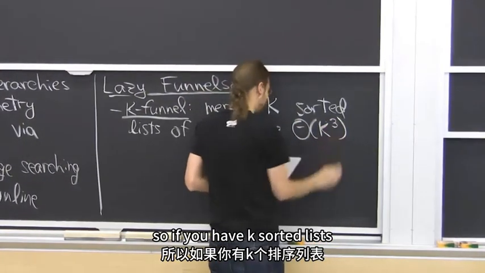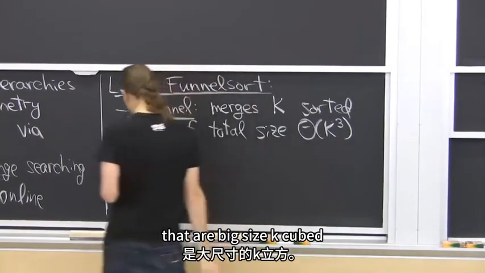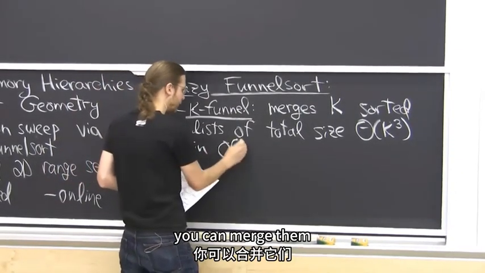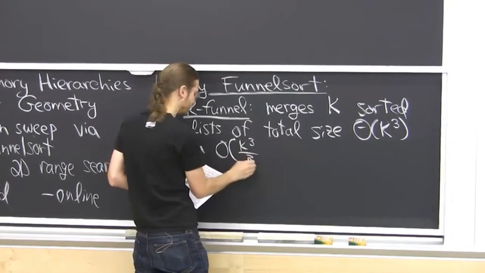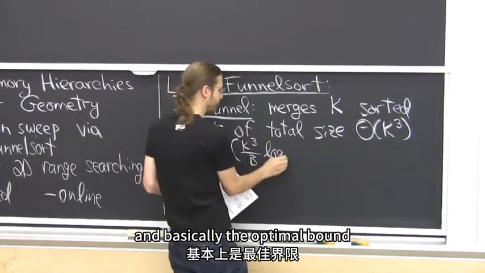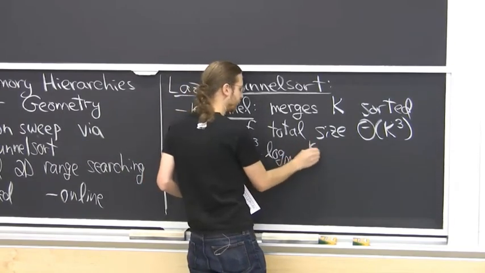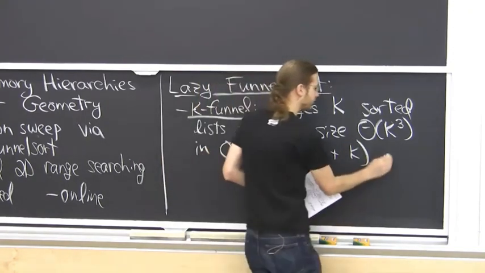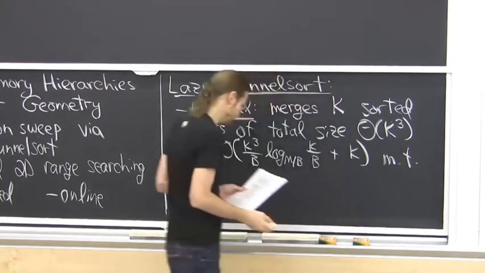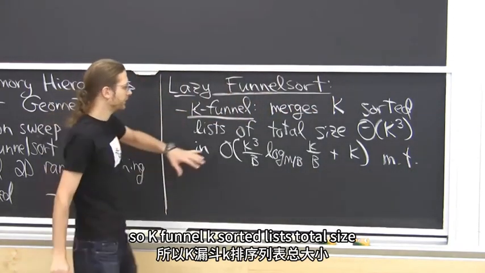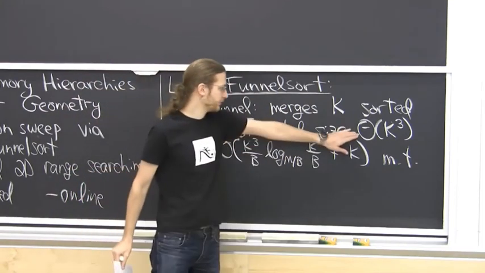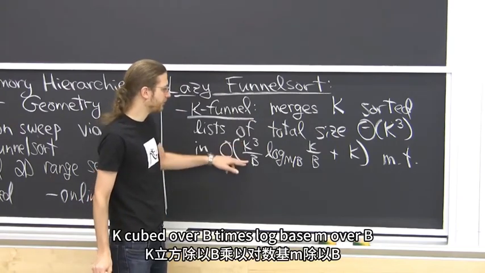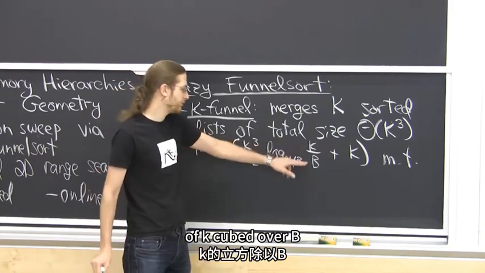So if you have k sorted lists that are big, of total size k cubed, then you can merge them in basically the optimal bound. So for a k-funnel, with k sorted lists of total size k cubed, the number of memory transfers to merge them is k cubed over b times log base m over b of k cubed over b.